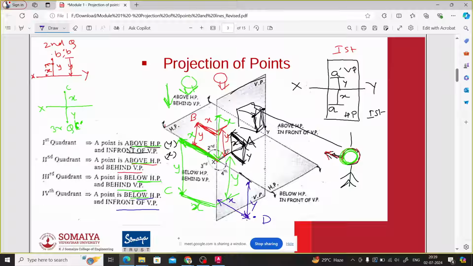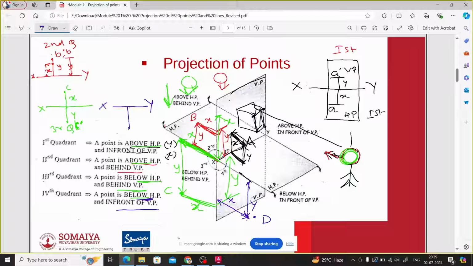Now as per the convention I told you, below HP and above HP will always be located on where? Vertical plane, right? So this distance Y below the HP will be located on the vertical plane, and as it is below HP, it will be denoted by dash, and it is obtained on this vertical plane itself.